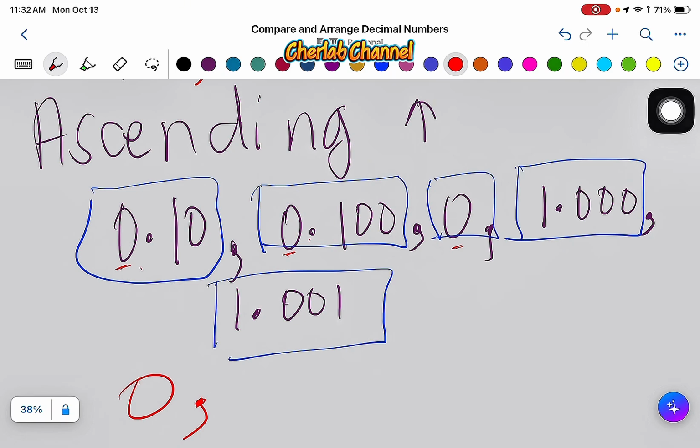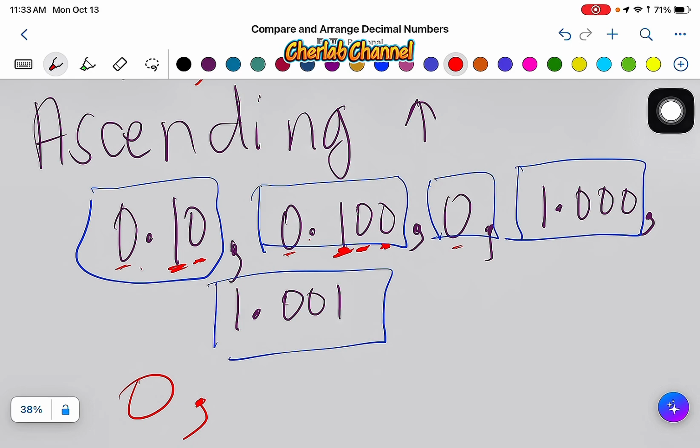Followed by, next, dito tayo titingin ulit sa dalawa. 1, again, followed by 1. Then 0, again, followed by 0. Then, no number, and then 1, another 0. That means, this is only 0.10. Mas madami tong 0.